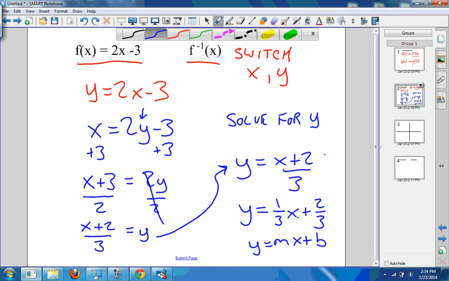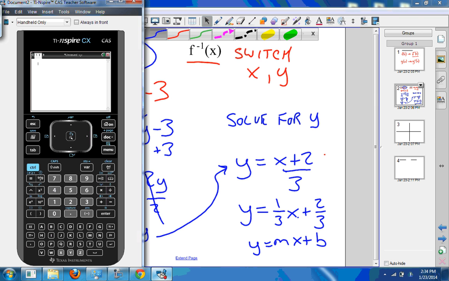So let's see what the graphs look like of a function and its inverse. I have y equals 2x minus 3. Let's graph that first in our calculator. We put in 2x minus 3 and hit enter. That's what it looks like. It has a slope of 2, going up 2 over 1, up 2 over 1, and the y-intercept is minus 3.